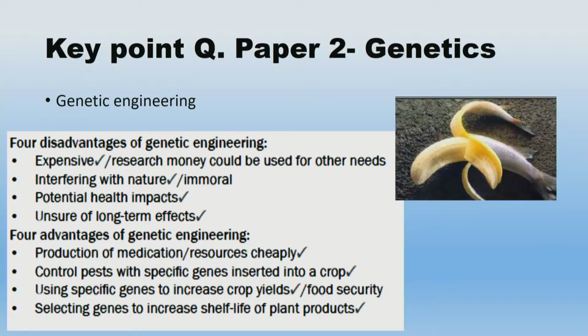So you can decide, is this a banana fish or a fish banana? And also you have to state, when we do genetic engineering, what the disadvantages and what the advantages are.